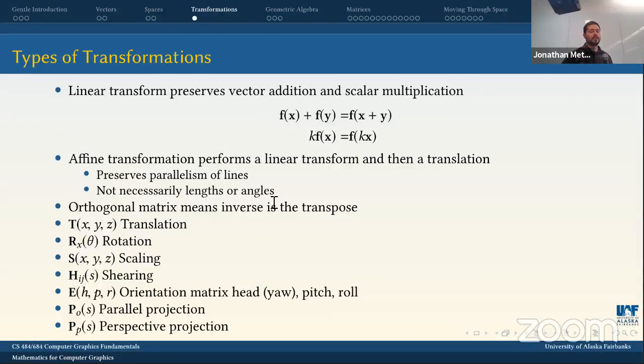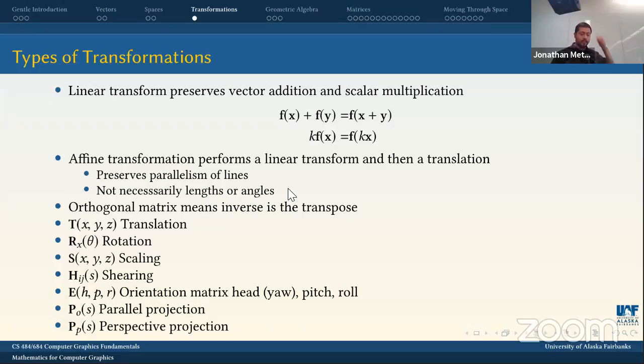Although it can mess with your lengths or angles, so it can warp things like that. And then an orthogonal matrix means that its inverse is the transpose, and we'll talk about that in just a moment.